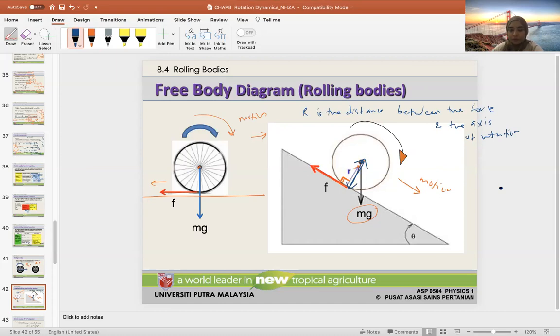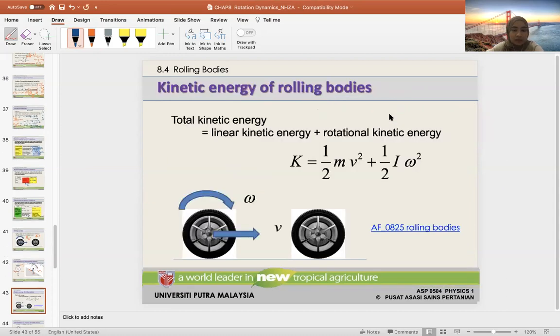Okay. So if that's a free body diagram for that, do we have other examples? So here the total kinetic energy is linear plus rotational. The linear is given by the linear velocity, and this guy is given by the angular velocity.